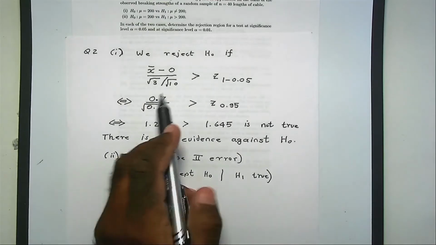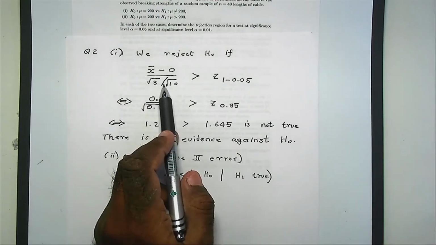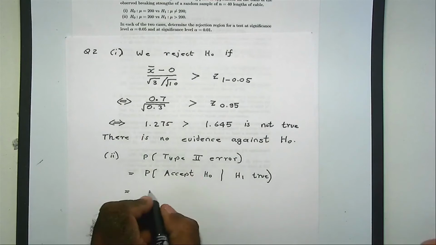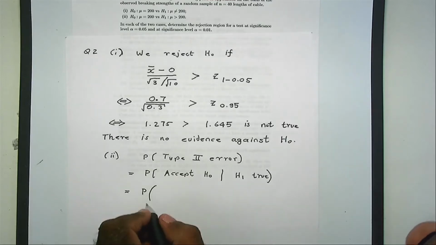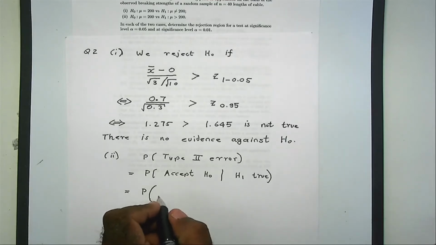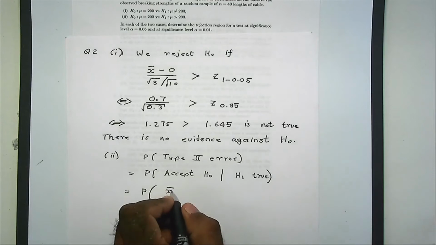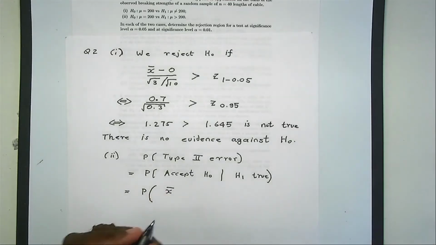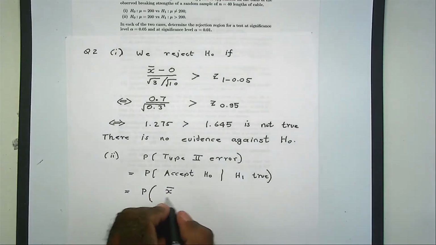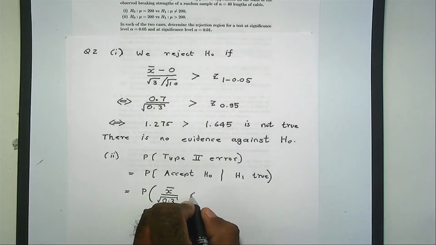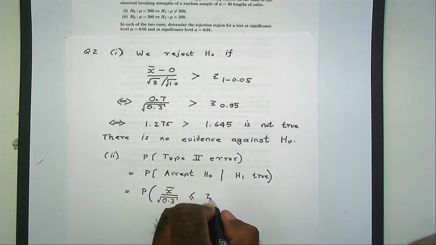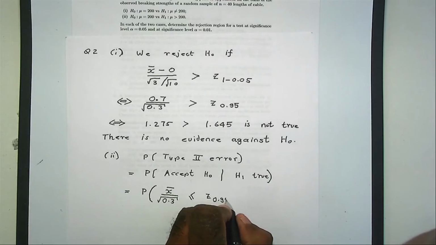Now this is the rule for rejecting the null hypothesis, right? So we will accept the null hypothesis, right? If the x bar, right, divided by root of 0.3, right, is less than or equal to, right?